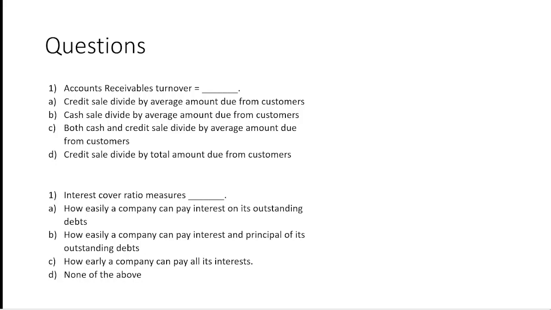Interest cover ratio will tell only about the outstanding interest. So the correct answer is the first one: how easily a company can pay interest on its outstanding debts. Interest only, because it's an interest coverage ratio, right?